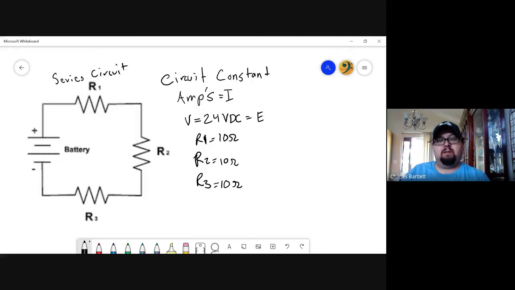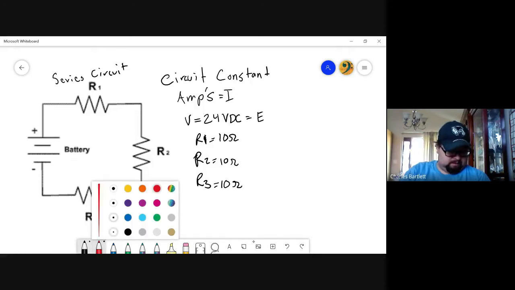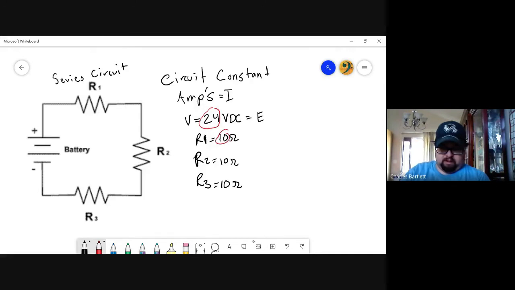In fact, that's the only way. I couldn't just sit here and guess at an amperage, because it would be wrong. The amperage that the circuit has depends on the 24 and the 10, 10, and 10.